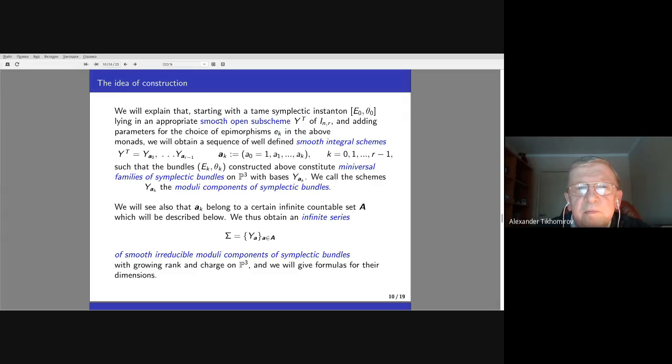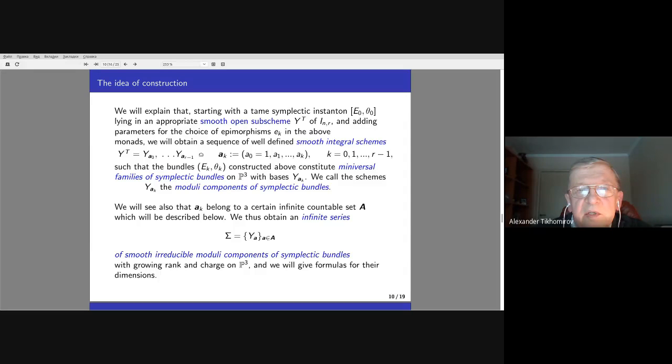And then, adding the parameters for the choice of epimorphisms E_k in the above monads, we obtain a sequence of well-defined smooth integral schemes, beginning from Y_{A_0}, which is Y_T, to Y_{A_{r-1}}, where these bold A_k are the sequences of numbers starting with 1 and then A1, etc., A_k.